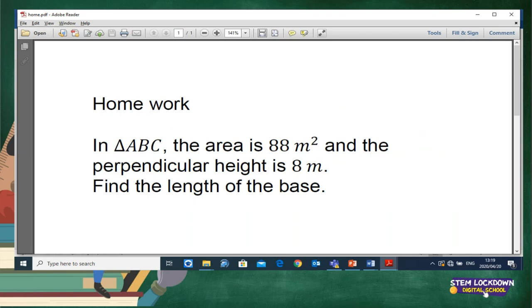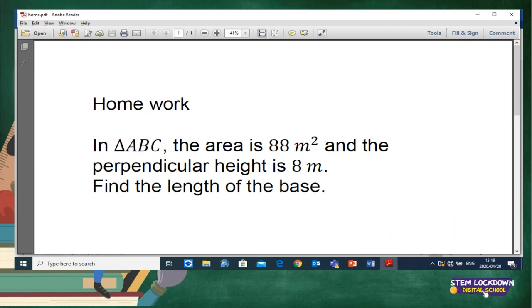So you are not just given the area, which is 88 square meters. You are also given the height, and this, by the way, is the perpendicular height, which is 8 meters. And you need to find now the length of the base.